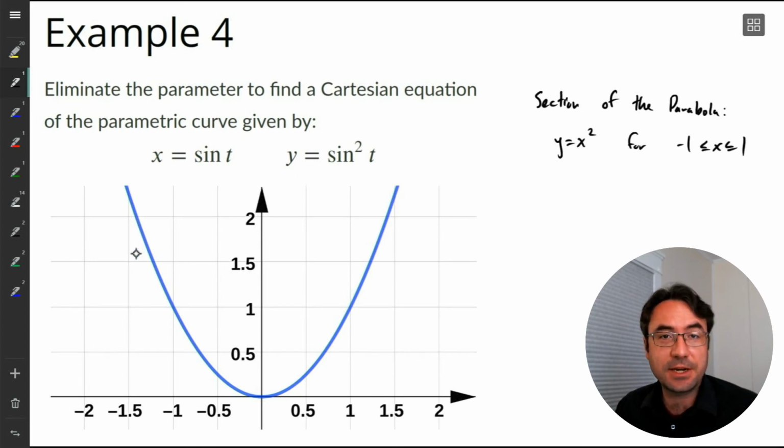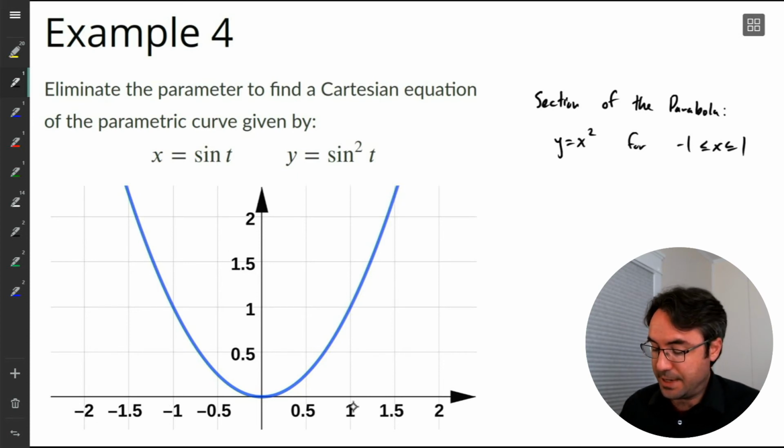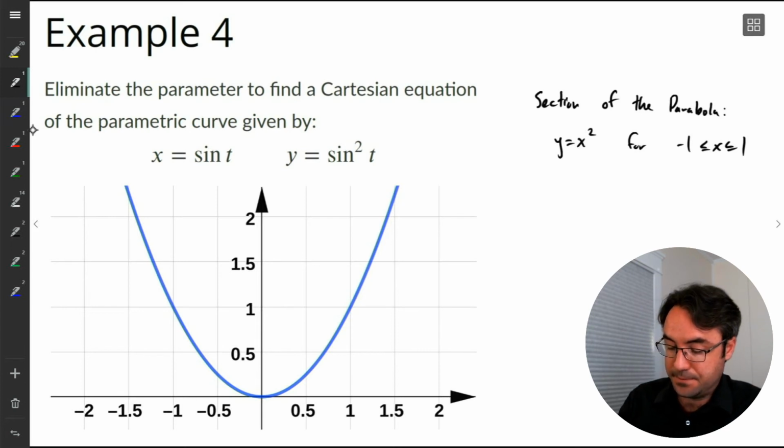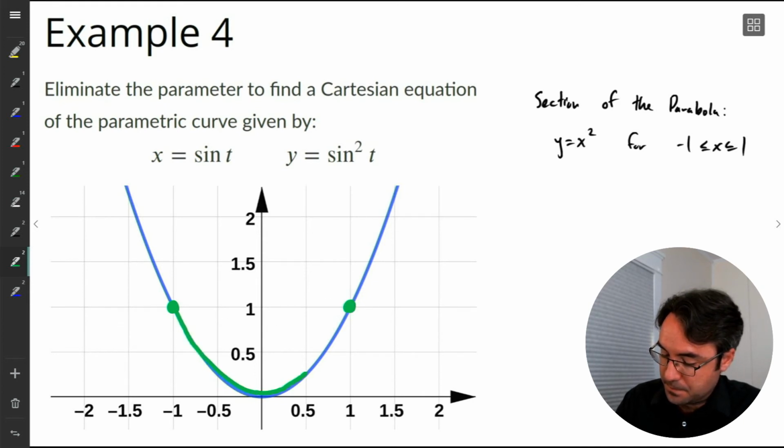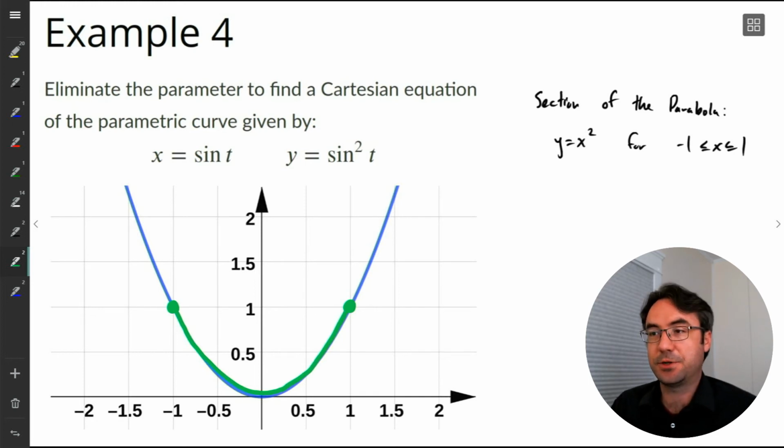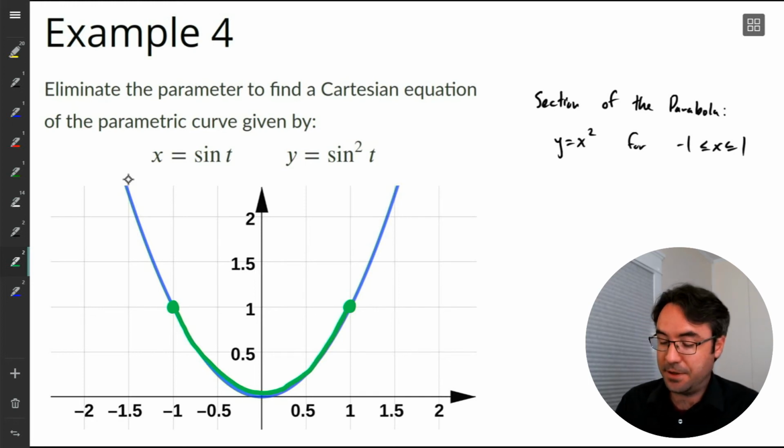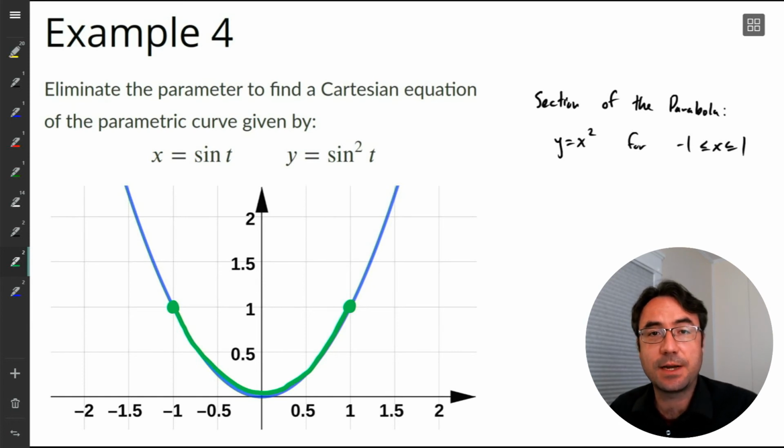We only want the section of it where x is between -1 and +1. So this is our parametric curve right here. There's the underlying structure of y equals x squared, but then there was this extra restriction on x, where x had to be between -1 and +1.